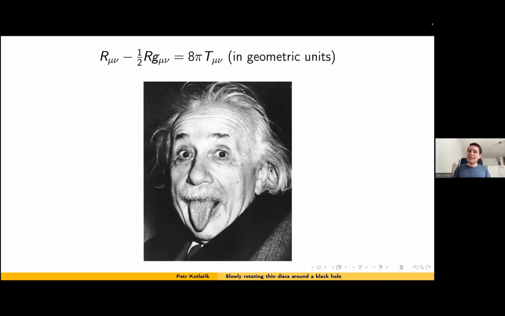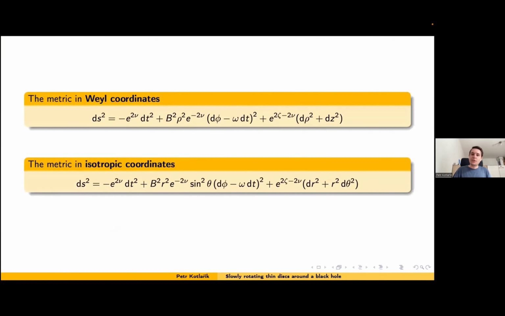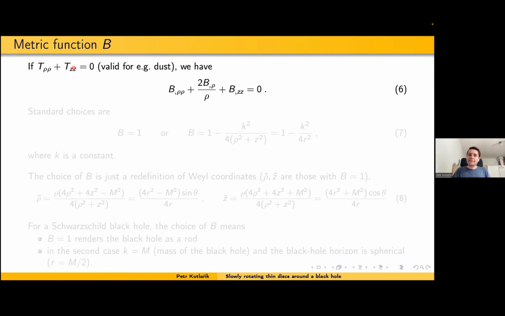Then we have to plug the metric into the Einstein equations and try to solve them, of course. So first, we take a look at B and zeta. If this condition for the energy-stress tensor is valid, which holds, for example, for dust or ideal fluid, then the Einstein equation for B is just this simple one.